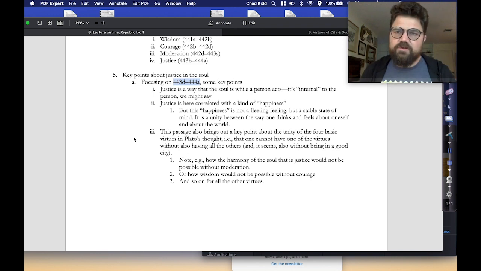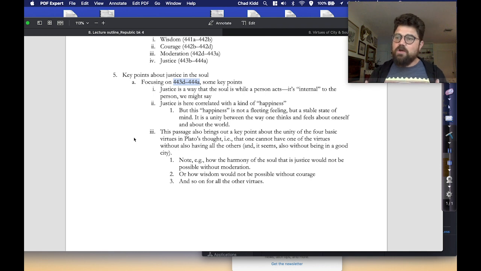In this situation, it seems like this soul could not be just, because the harmony that's supposed to exist amongst the parts of the soul would be lost in losing moderation, right? So it looks like losing moderation also means losing justice.